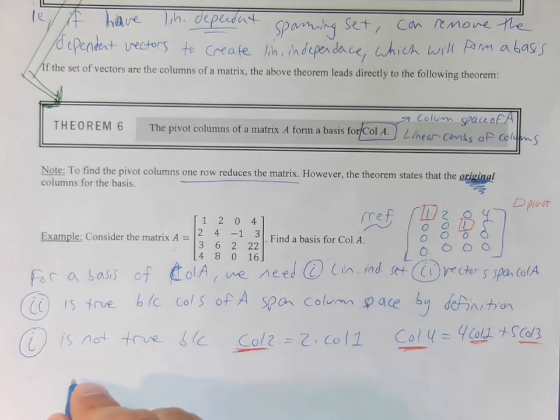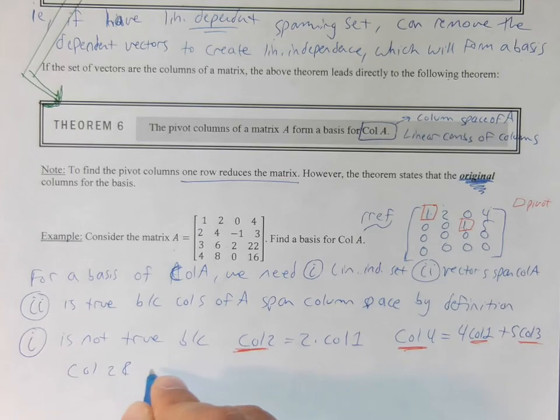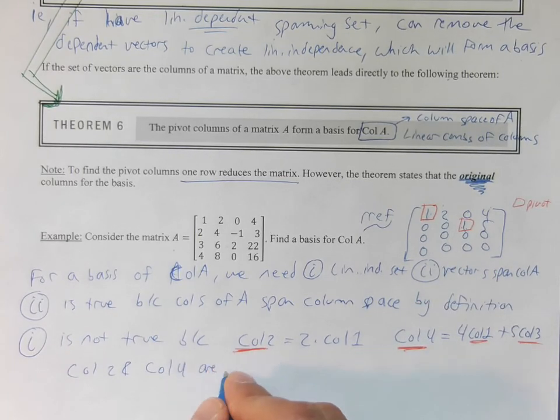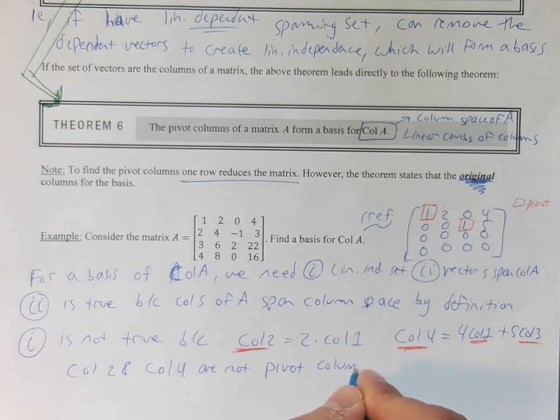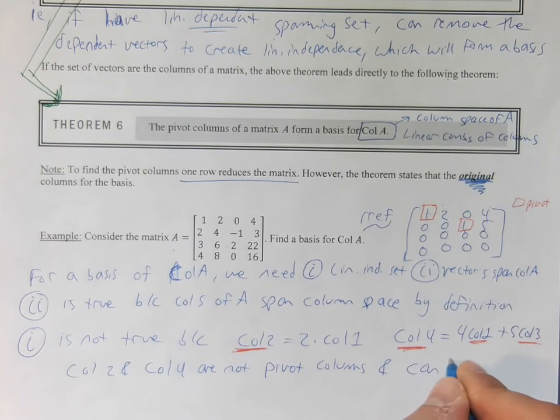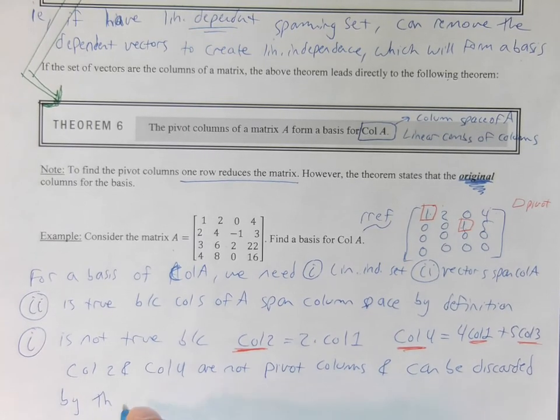In other words, we saw this because column 2 and column 4 are not pivot columns, and they can be discarded by theorem 5. That's what the theorem tells us.